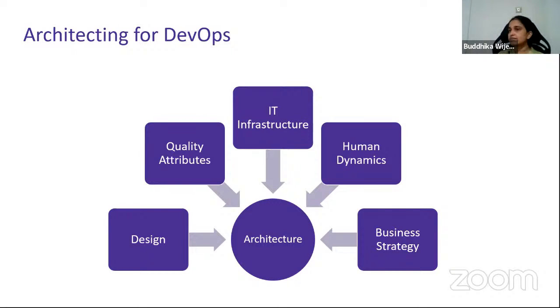Then we have to think of the IT infrastructure when we are defining the architecture. And human dynamics, the human factors, like whether the organization structure is linked to architecture. Those factors need to be considered. And then business strategy, like how the organization is going to evolve in future, what the strategy is. All those things need to be considered when we are defining the architecture.